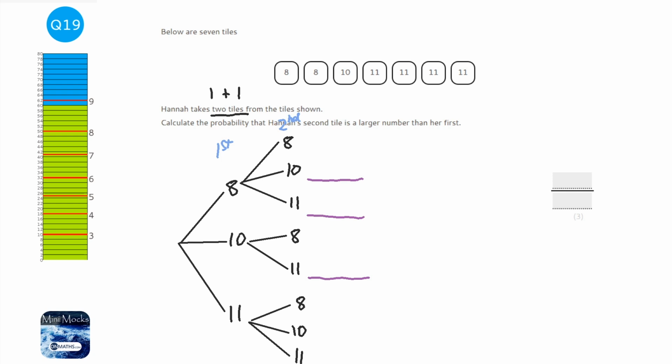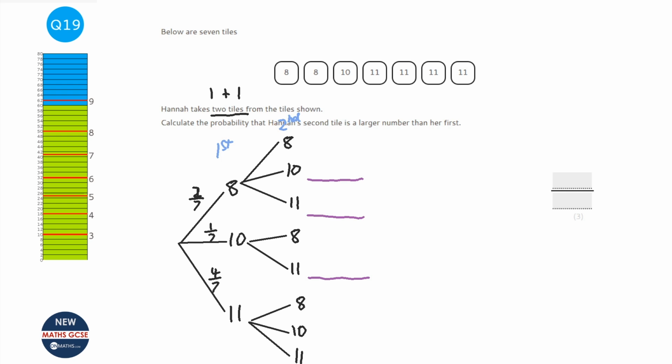Okay, next we need to work out the probabilities. Well, all of the first probabilities are going to be out of 7, because there's 7 tiles. So the chance of picking 8 is 2 out of 7, because obviously there's 2 8s. 1 out of 7 for 10, and then 4 out of 7 for 11.